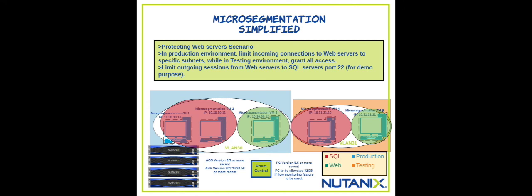I will have the SQL tier and we have the web tier. We have both tiers in production and in testing according to the slide and the legend in front of us. So let's see how I can limit the traffic with TCP and UDP port numbers on the incoming connections and the outgoing connections.